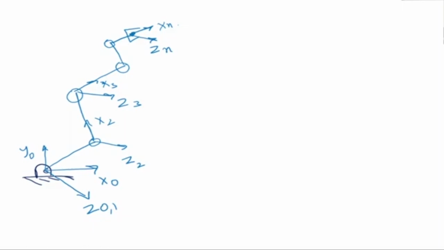Now you can see what the relation between them is. This frame has moved from the zero position to the first position, then second, third, fourth, and then it has gone to the nth position. That means there are rotations involved, and there are translations involved.